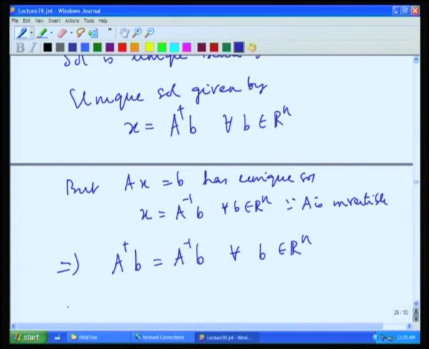Since the action of these two matrices is the same on all vectors, A dagger equals A inverse. Whenever A inverse exists, it is the same as the pseudo inverse, but the pseudo inverse makes sense even in the most general cases.